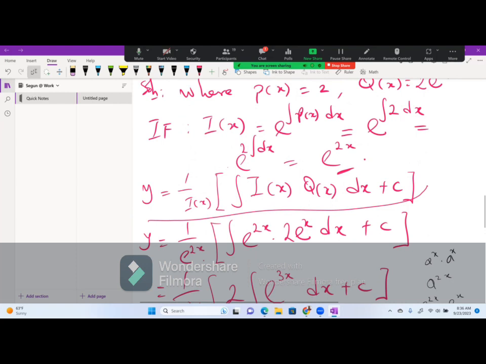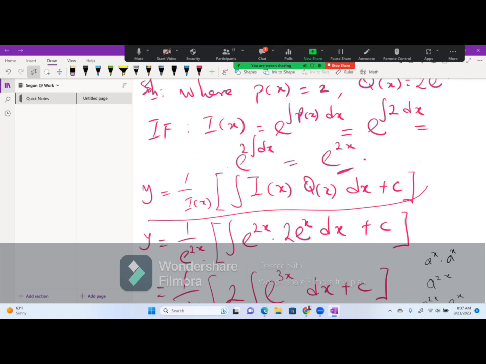If I of x is e exponential integral of p to the x, so I will get exponential 2x. Where exactly do you have a problem in getting exponential 2x?